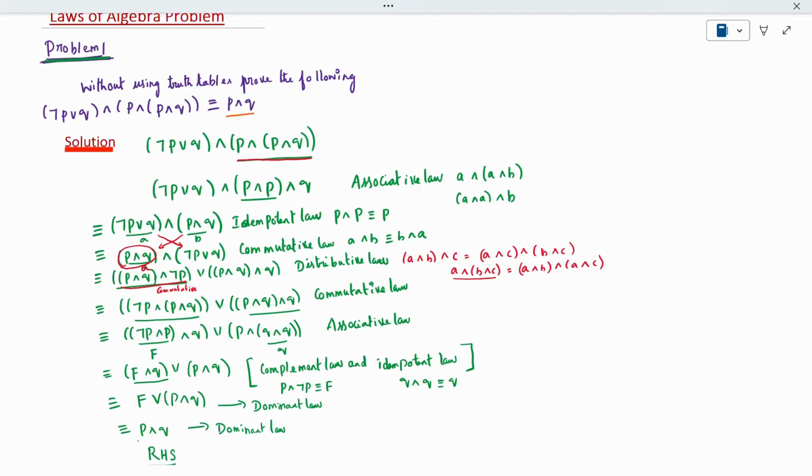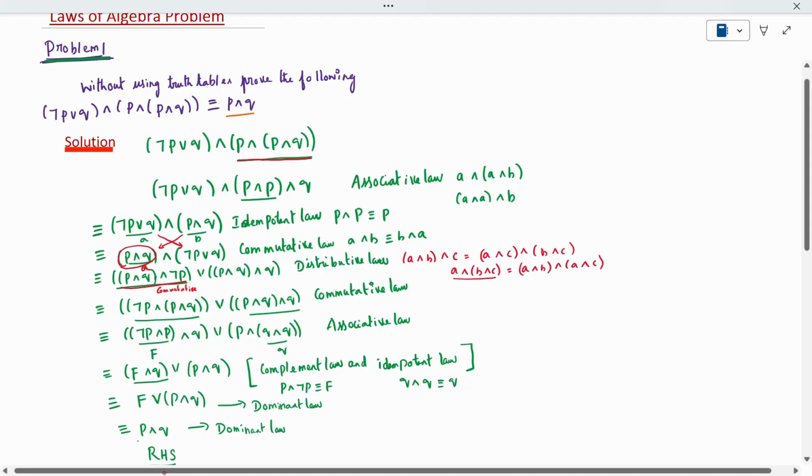Next, F conjunction Q, disjunction P conjunction Q. So it is fully F. It is called the dominant law. Same dominant law: F with something, I can write it as that element also. So the right hand side we have proved, F conjunction Q.